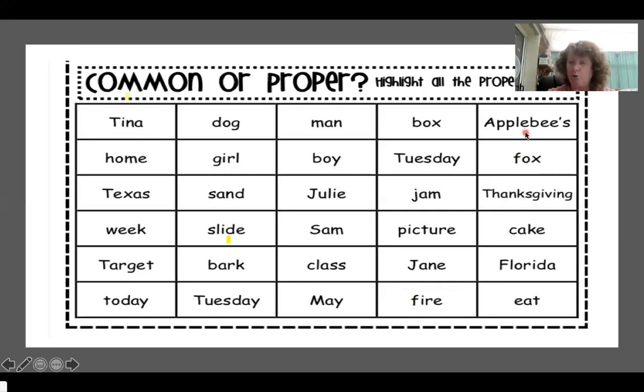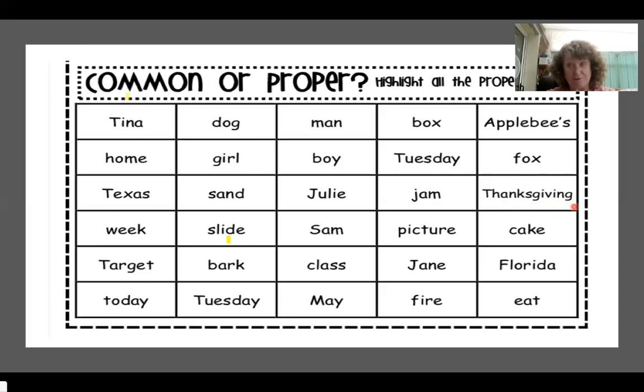Right, let's try the next one. Applebee's. Ooh, that's the name of something, isn't it? A brand. So because that's the name of a brand, capital A, that's a proper noun. Fox. Any fox. Thanksgiving. That is the name of a celebration, like Christmas and Easter.